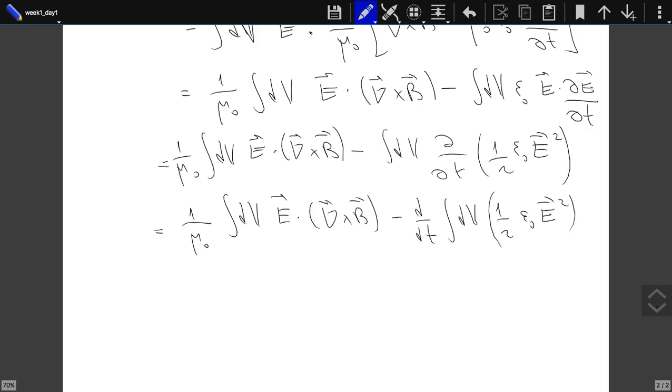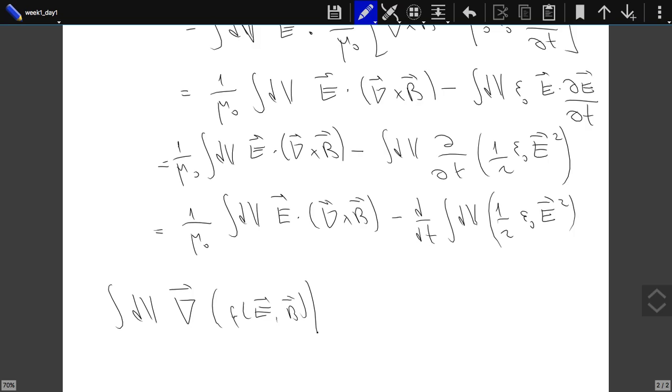Now, also keep in mind that there will be terms that I can just eliminate. For example, if you end up having the volume integral of the gradient of some function of the electric and magnetic fields, if I take the volume to be infinite, this will be just 0.